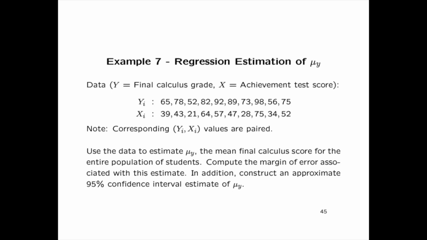And so we are to use the data to estimate mu sub Y, the mean final calculus grade for the entire population of students, compute the margin of error associated with this estimate, and in addition construct an approximate 95% confidence interval estimate of mu sub Y, the mean final calculus score for the entire population of students.